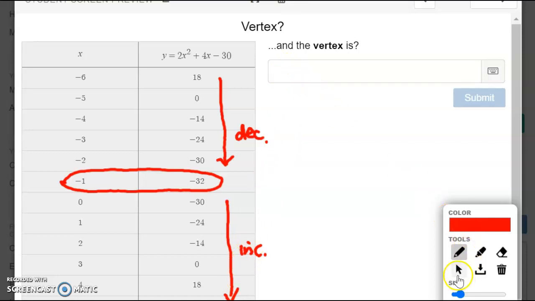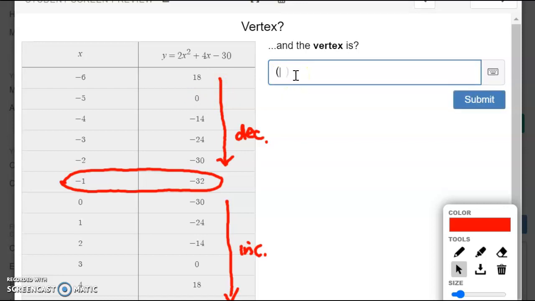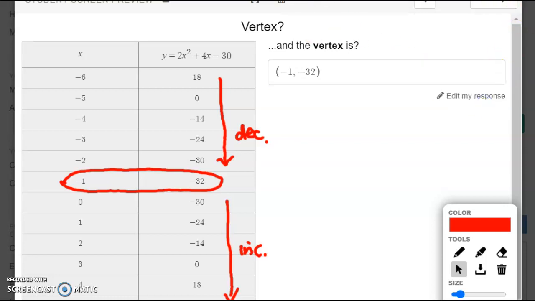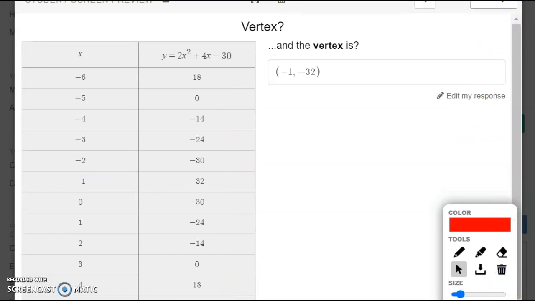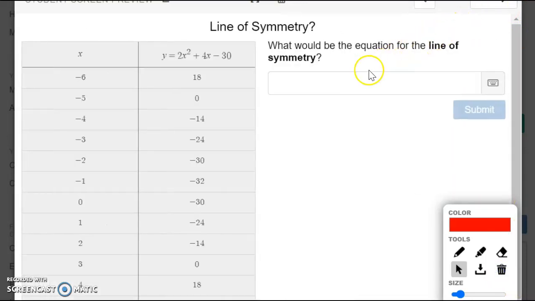So then I am going to write the coordinate. Vertex is a coordinate. It's not just x value, it's not just y value, it's a coordinate of x and y. So it's going to be in parentheses -1, comma, -32. And that is my vertex. Okay, what would be the equation of the line of symmetry?